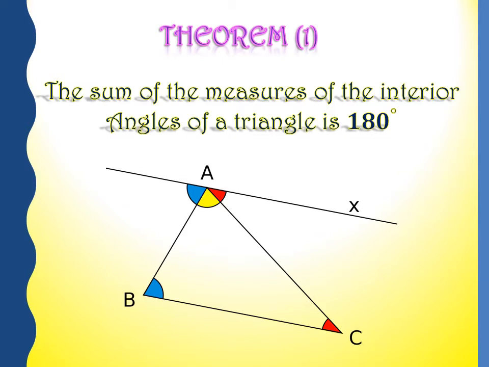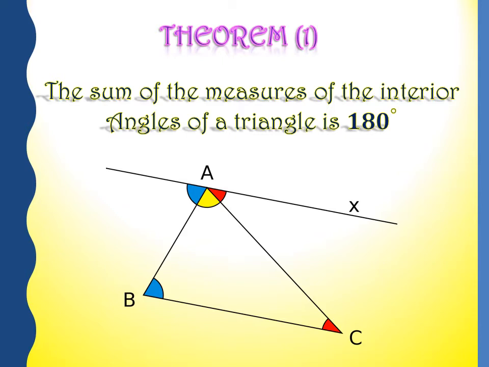About the proof of this theorem, we can draw a straight line parallel to one base of the triangle as shown in this figure. We can find that the blue, the yellow and the red angles equal 180 because they are supplementary angles. Their sum equals 180.